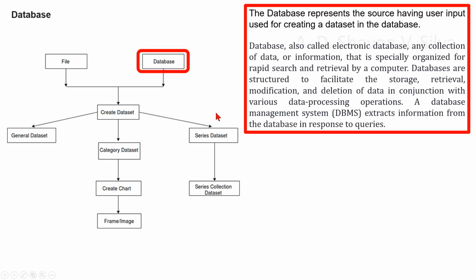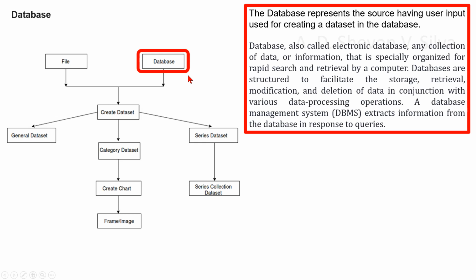Now we are focusing on database. The database represents the source having user input used for creating a dataset in the database. Database, also called electronic database, is any collection of data or information that is specially organized for rapid search and retrieval by a computer.